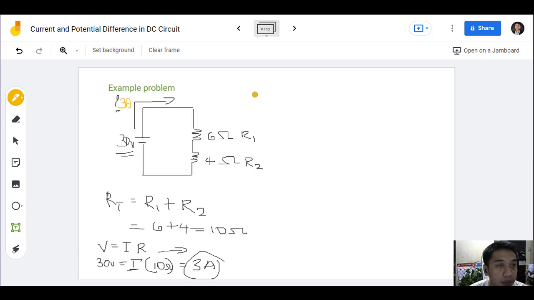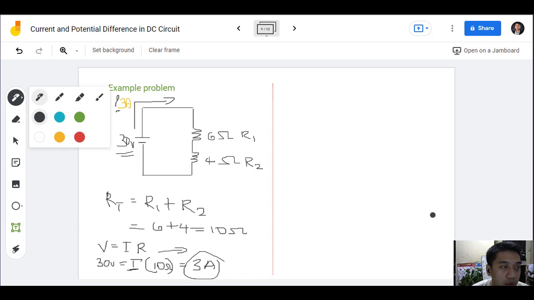So now, let us identify the voltage across the 6 ohms and also the 4 ohms.